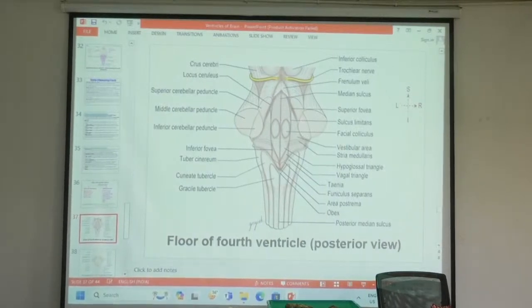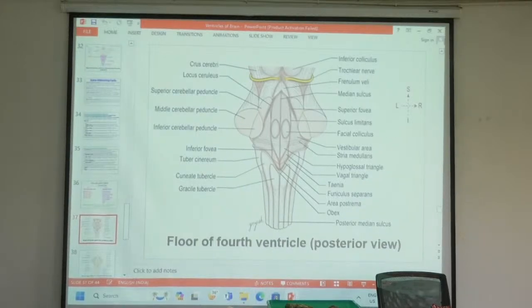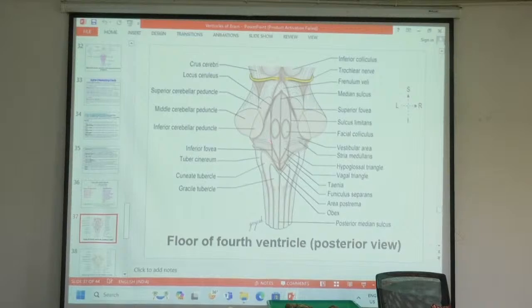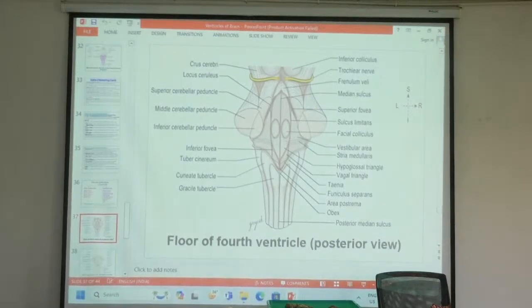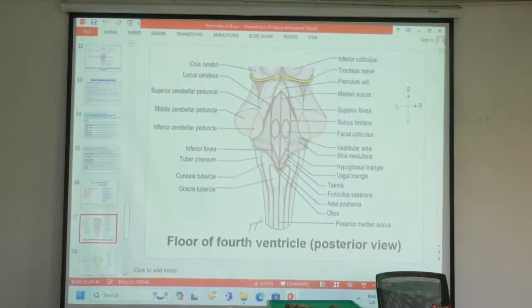In the lower part of sulcus limitans there is also one triangular area known as the inferior fovea. Below the inferior fovea the sulcus limitans extends downward and medially up to the median sulcus, and below it lie two triangles: the hypoglossal triangle superolaterally and the vagal triangle inferomedially.